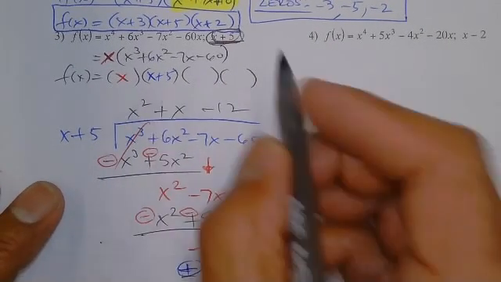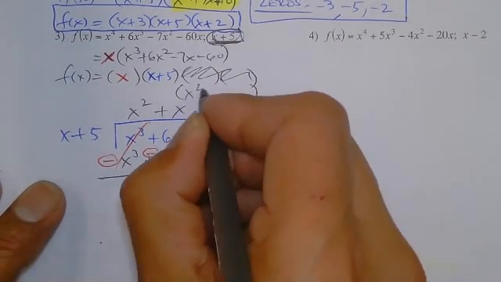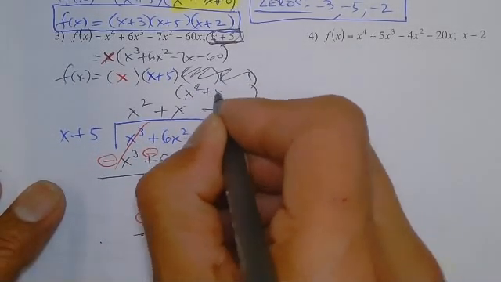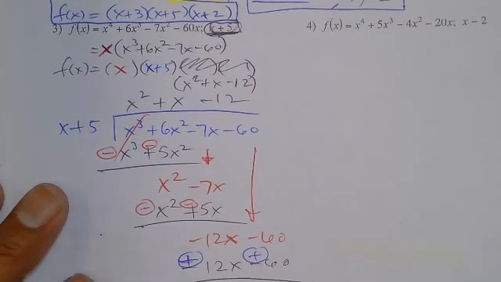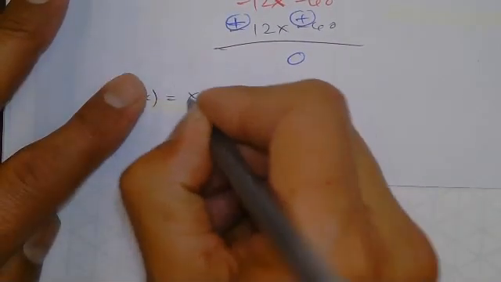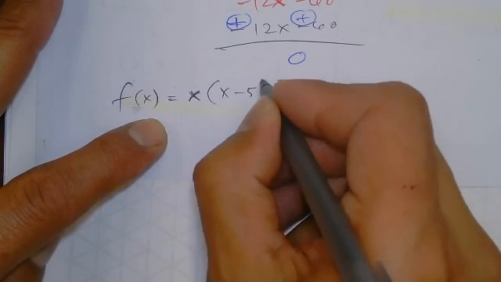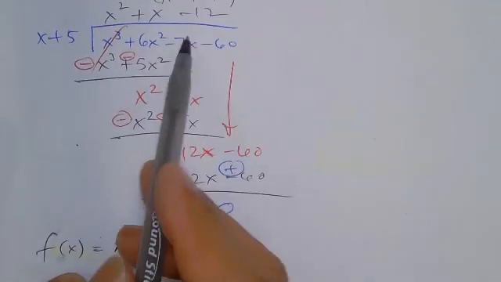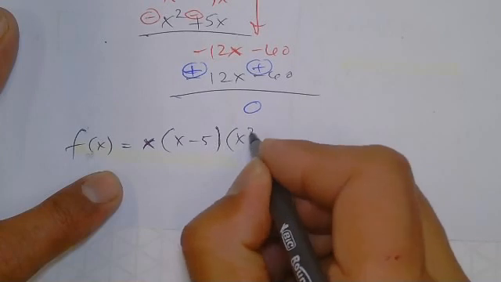So what have I just figured out right now? I figured out that right now it's x times x plus 5 times this x squared plus x minus 12. Sorry, it's getting sloppy here. I'll write it down here. Got the x when I did the GCF. The x plus 5 was given.